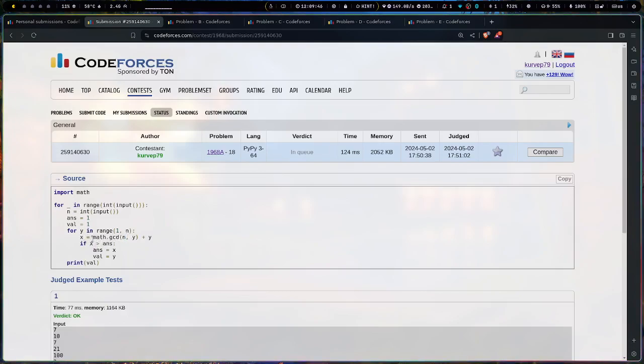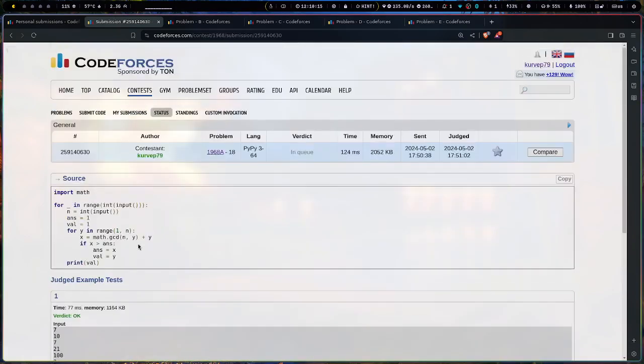We calculated this term gcd of n comma y plus y and saved it in a variable. If this value is greater than our current answer, then this y can be our possible answer. So we will update our answer and save the y in the value. At the end we will print the value.